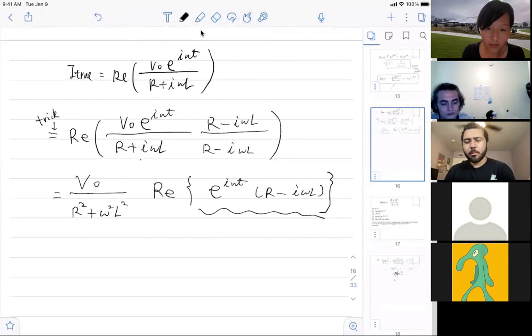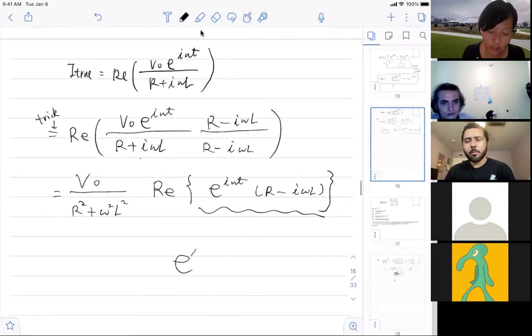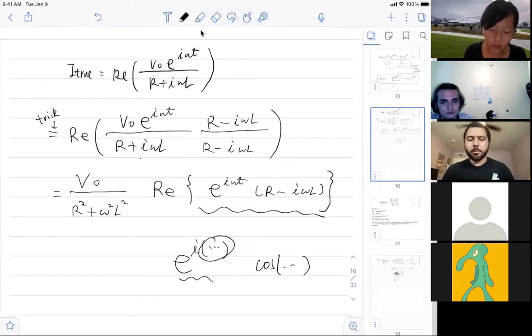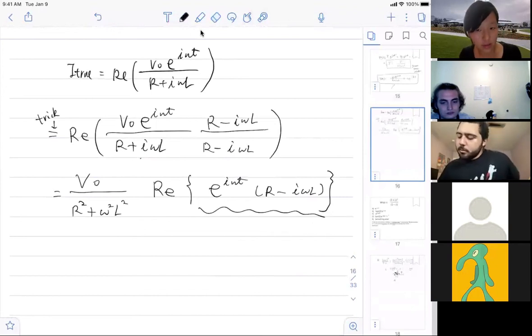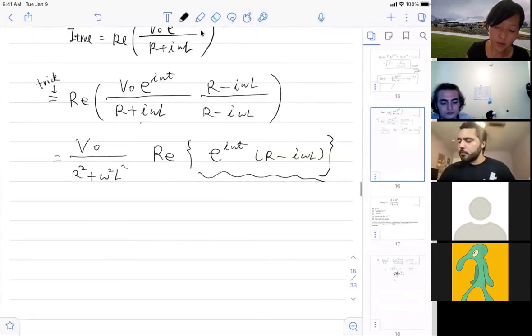Or I want to be able to write everything in the general format of e to the i something, because once I have that general format, I can just take the cosine of this to be the real part. So let us do that. This is already in the format I want. I just need to make R minus i omega L into the general format of A e to the i theta.